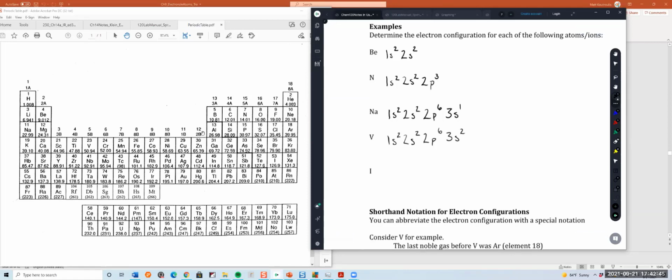Then we have here 3p6, which would have 6. Good. And following the periodic table until we get to vanadium, 4s has 2, and then 3d. So these are backwards, so 3d, 1, 2, 3. 3. Yep.